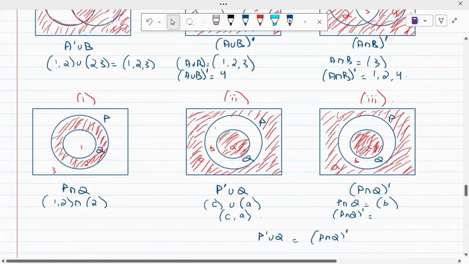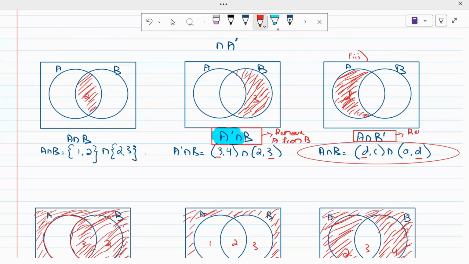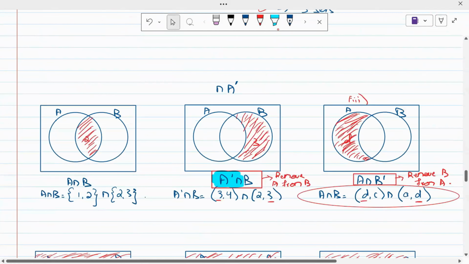So A intersection B complement means B has been removed from A. So this is how you handle intersection complement. These were a few tips to be remembered about intersection.